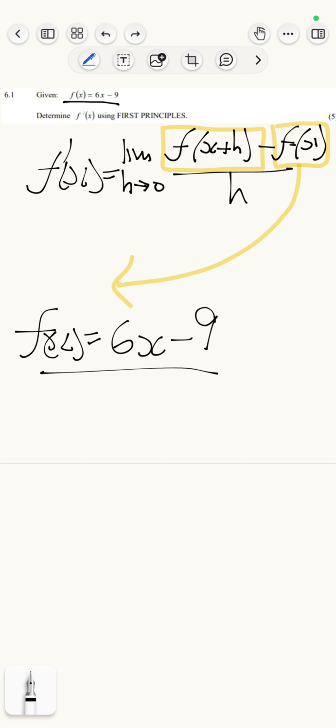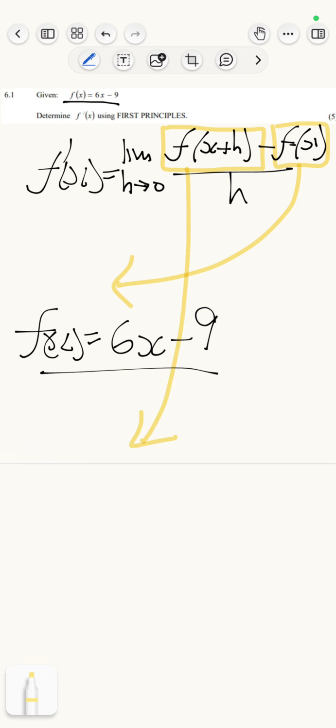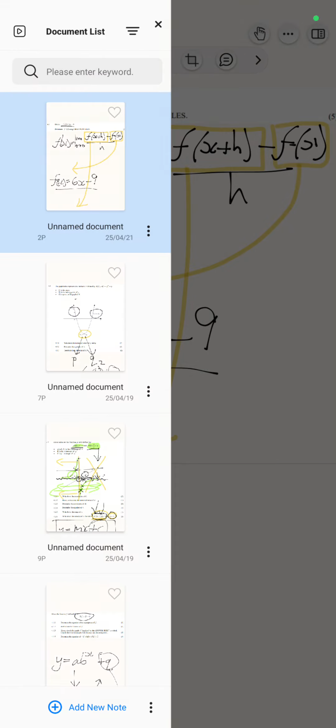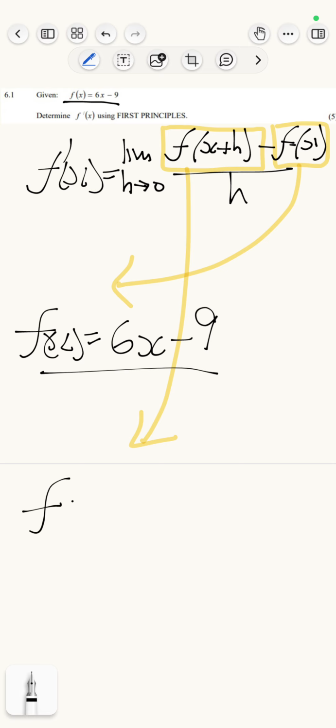The second part is the one we need to find out. In order to find it, I'm going to write this formula again. We've got f(x) is equal to 6x minus 9. Now, you see this x that I've got here in the bracket?